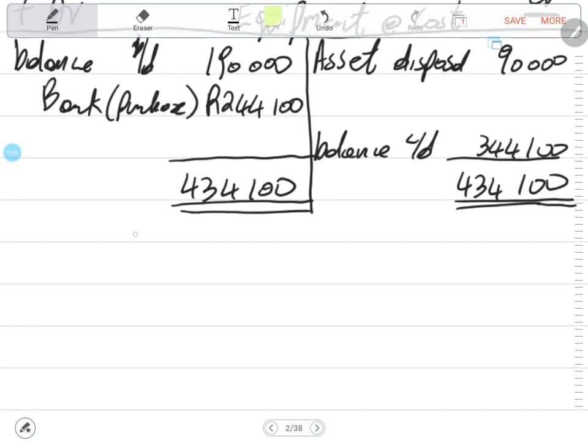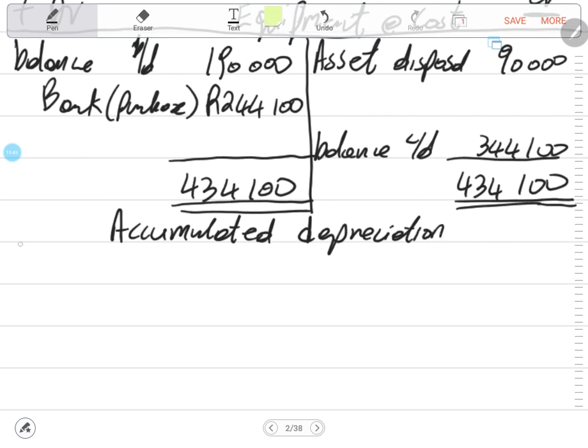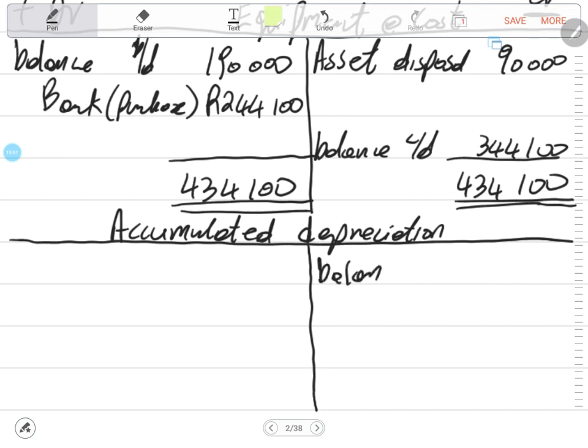Therefore, now let's come to our accumulated depreciation ledger account. This ledger account will help us to determine how much is the accumulated depreciation for the sold equipment.